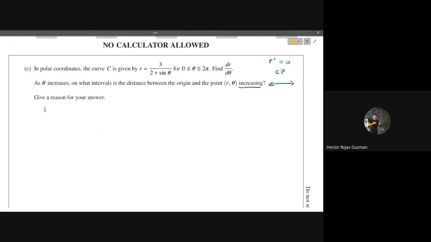Well, first, since I'm taking a derivative, I got to use the quotient rule. The bottom times the derivative of the top minus the top times the derivative of the bottom. And the derivative is going to be cosine of theta, all over the bottom squared.